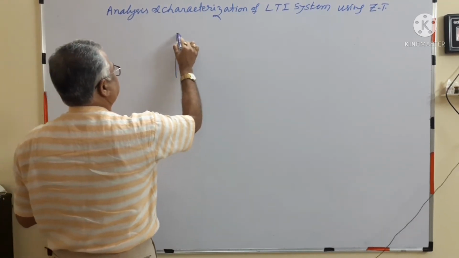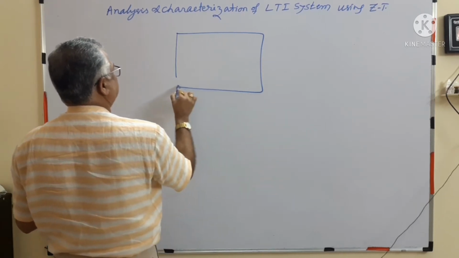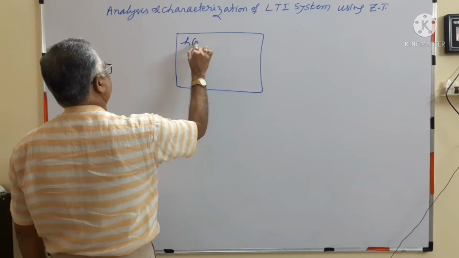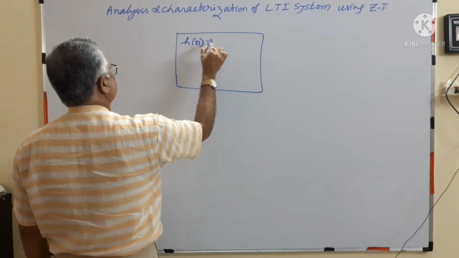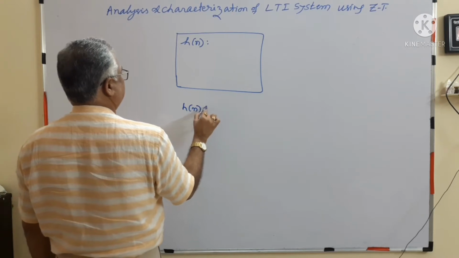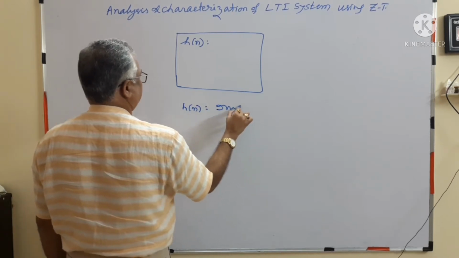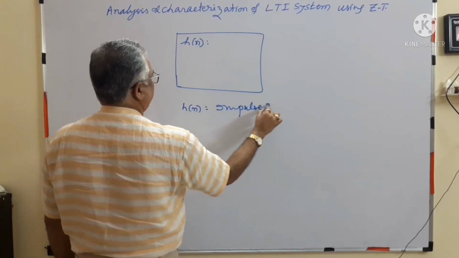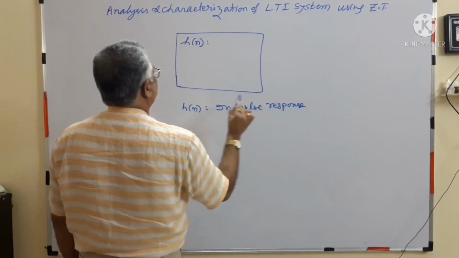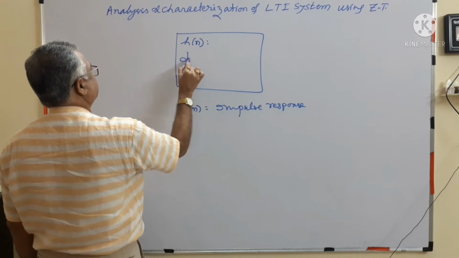So any system is characterized with h of n. What is h of n? Impulse response. h of n is impulse response. Other one is a difference equation.